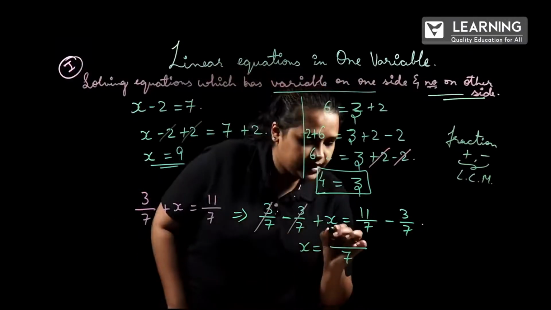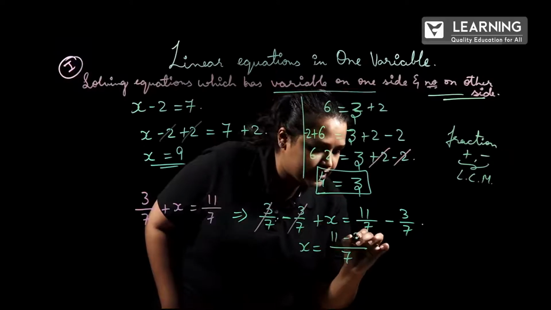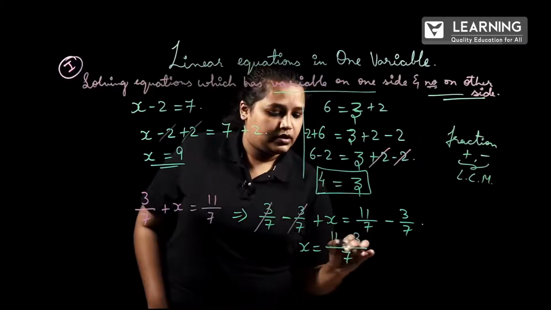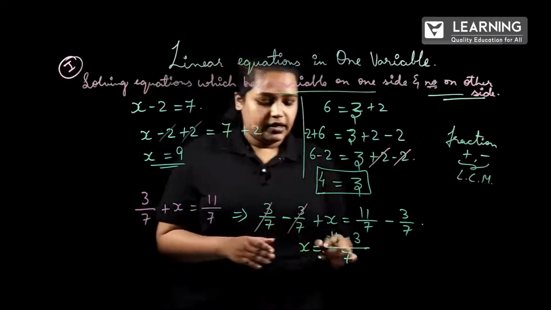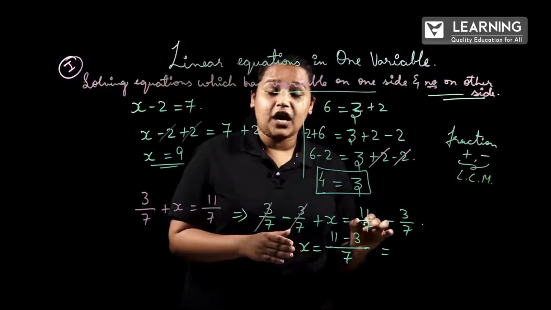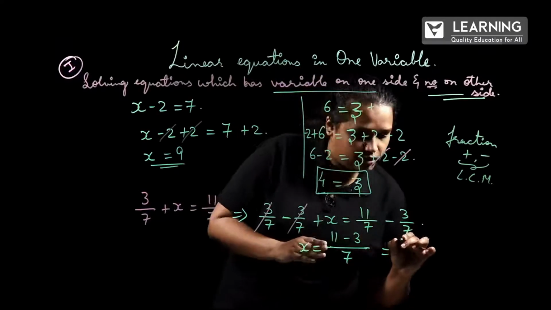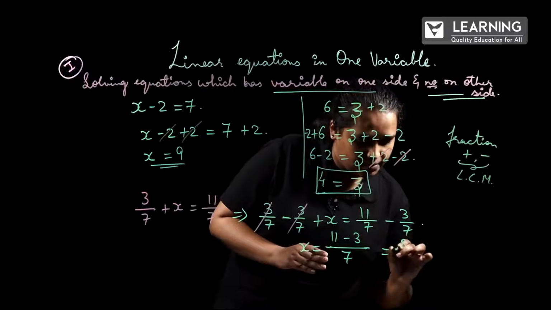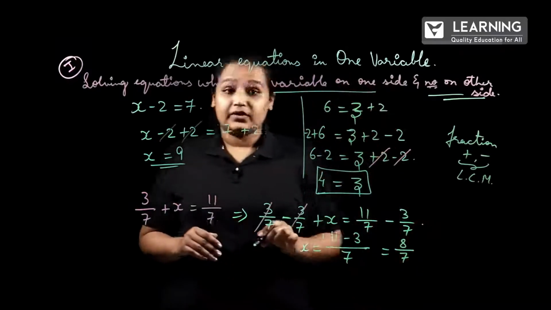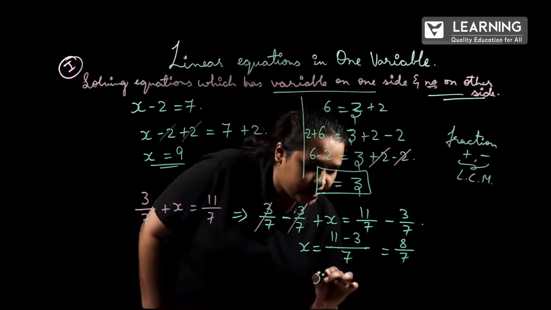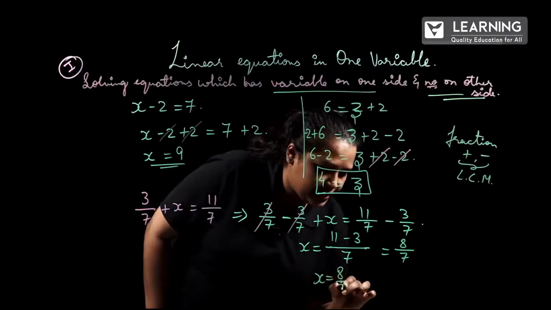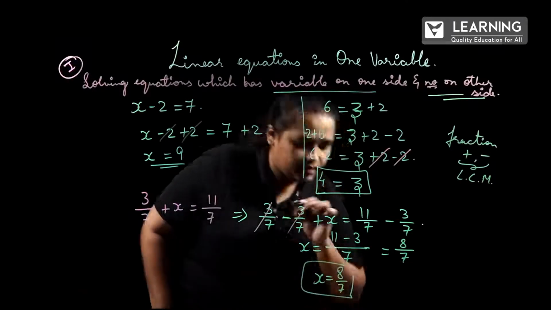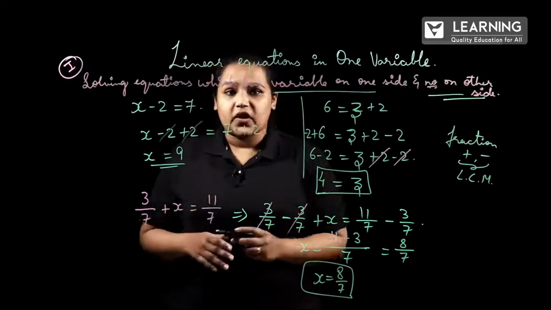So simple, 11 minus 3. Here 11 minus 3 is how much? 8 by 7, right? So the value of x will be 8 by 7. This is how we'll be solving.